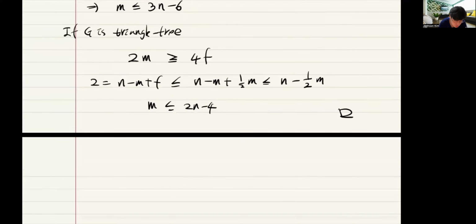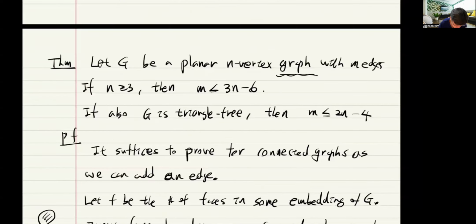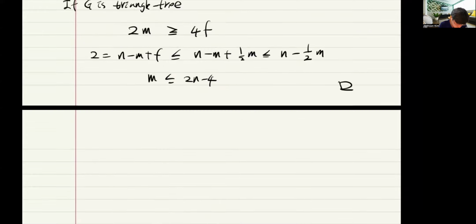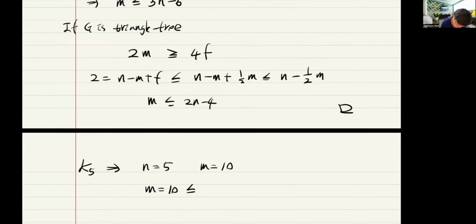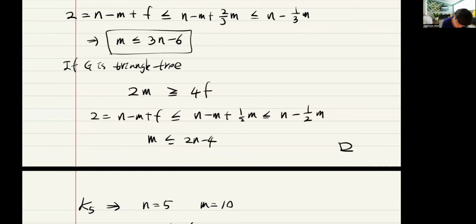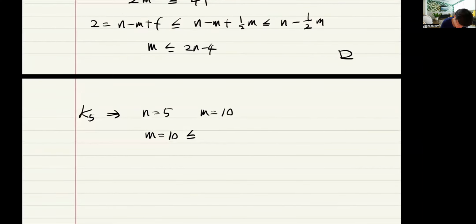And this now gives us a new proof of the non-planarity of K5 and K3,3. If you have K5, how many vertices do you have? 5 vertices. How many edges do you have? 10. And 10 is bigger than 9, which is 3 times 5 minus 6.